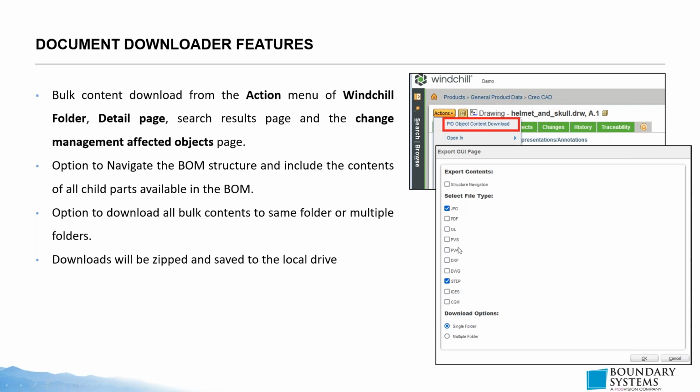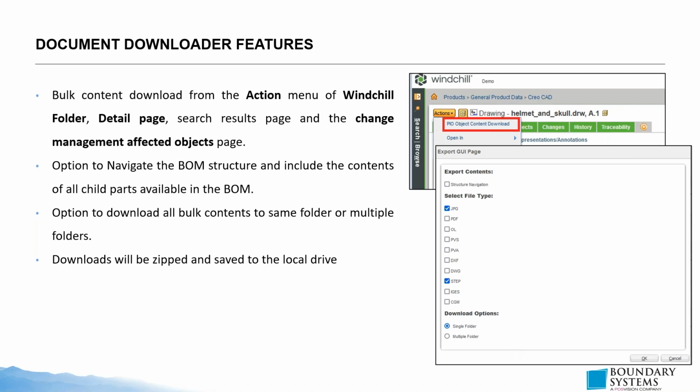And then you simply select the file types that you need to download. Out of the box, this is the list of files that you can download from there. The other option is you can download these files into a single folder, or if you want to further structure it into different folders, you can download it as multiple folders.